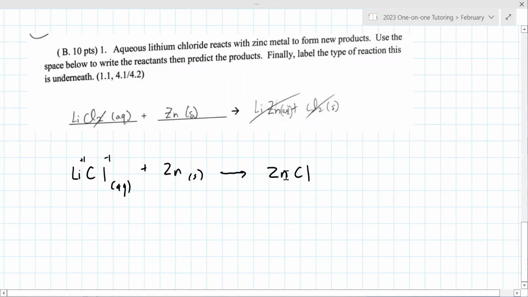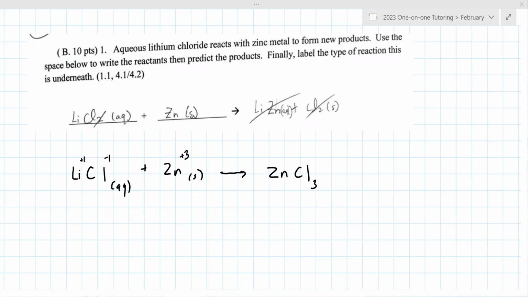Well, we need to know how many though, because it's never 1 zinc with 1 Cl. It's like 3 Cls with 1 zinc, because zinc is +3. That's what I'm referring to. I always forget how you're supposed to know the charges of the transition elements. Yeah, that's what I'm not sure about.